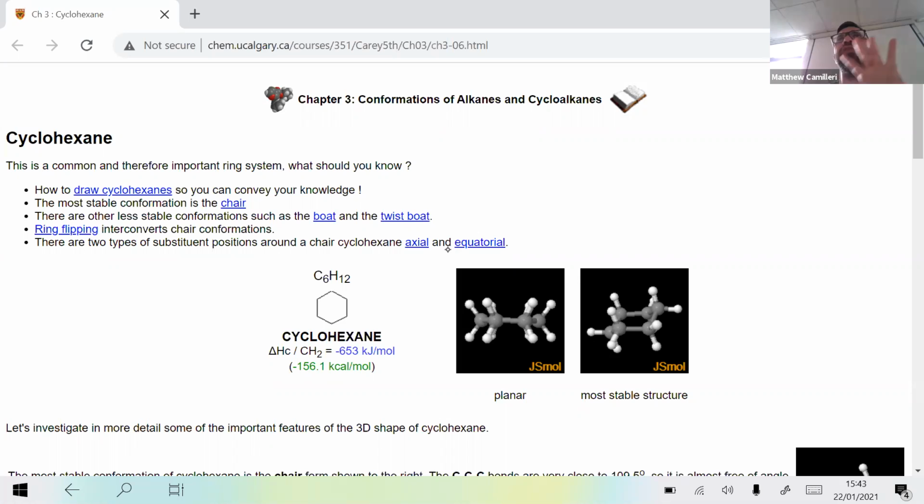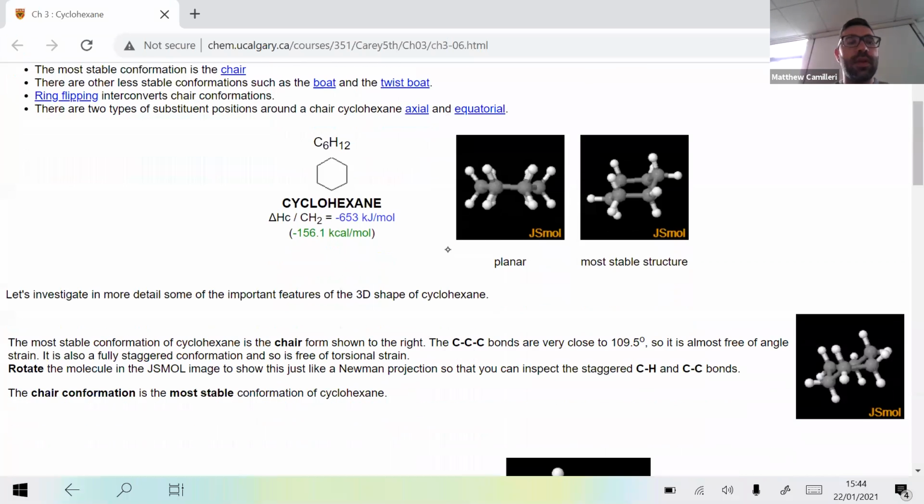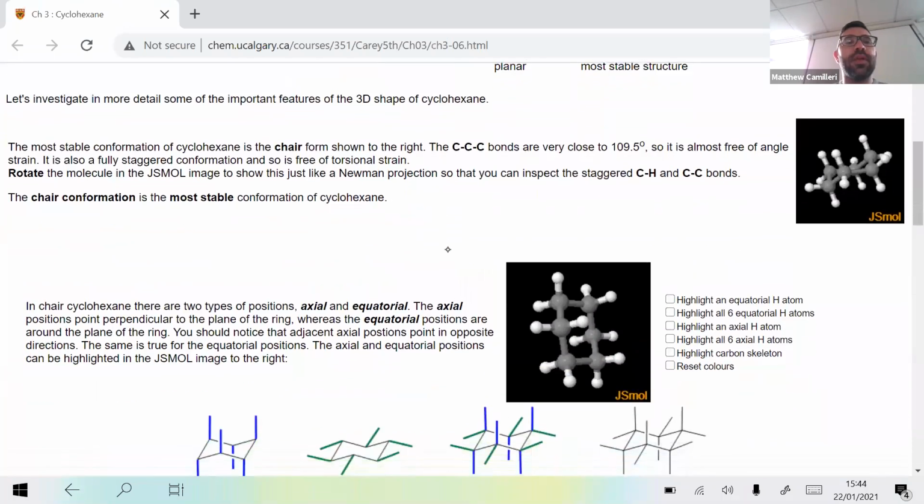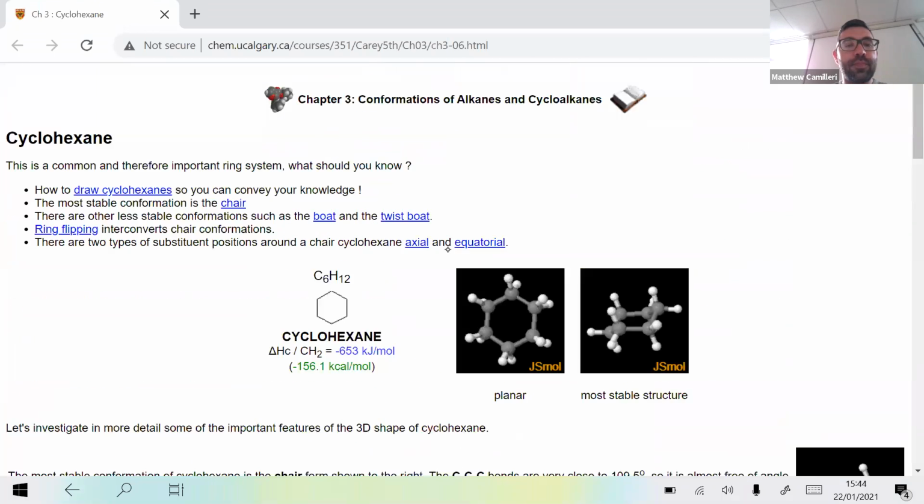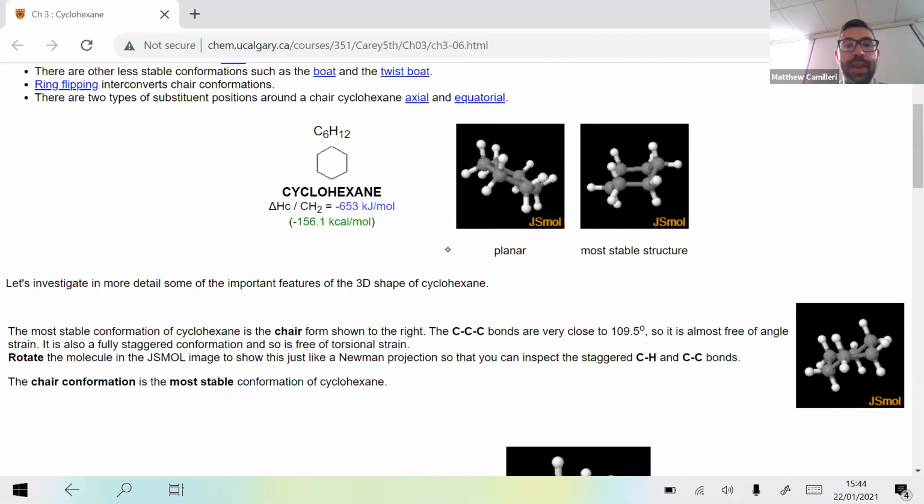And then we'll just close off this chapter with regards to cycloalkanes. This is not going to be true just for cyclohexane, but we'll also be doing cyclopentane, cyclobutane, and cyclopropane, and we're going to be discussing what these are. Now, this is the planar.